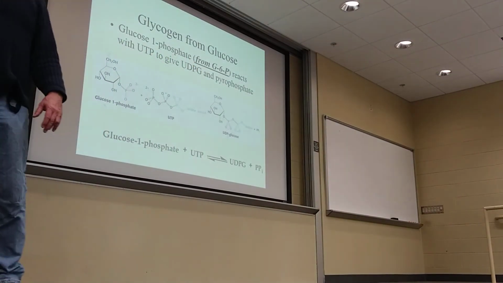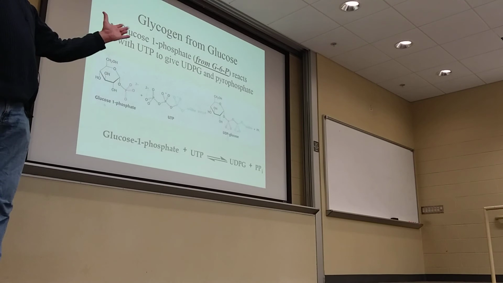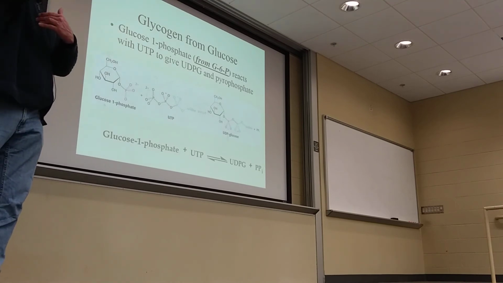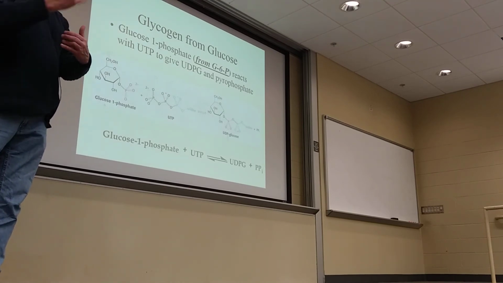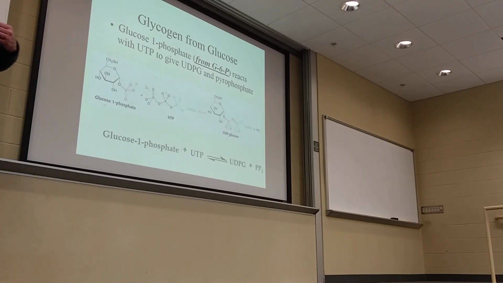Those branch points simply make more ends where I can build glucose molecules and also break them off of glycogen molecules to make them available for those cells that need glucose. The process of making a glucose molecule into glycogen costs me not one, but two high-energy phosphates.